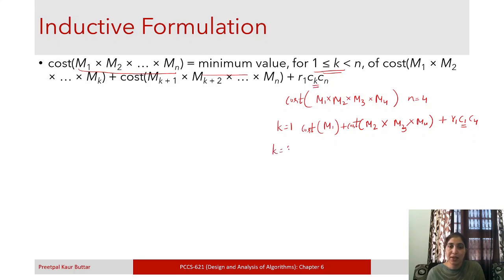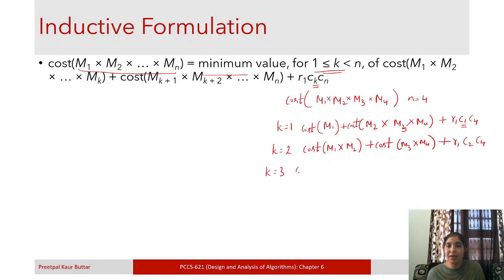When you choose k equal to 2, then again you will have the cost of multiplying m1 into m2 plus the cost of multiplying m3 into m4 plus the cost of multiplying these two subproducts, which will be R1, C2, C4.